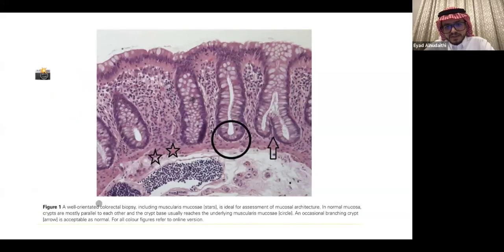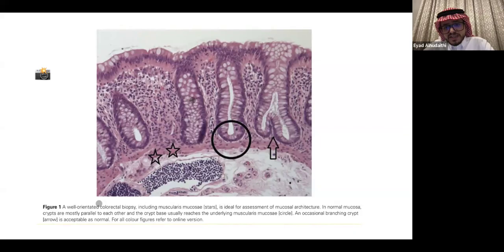If you see the star shape, it represents the normal muscularis mucosa. And if you have crypts normally aligned adjacent to each other with normal architecture, this is a normal crypt.